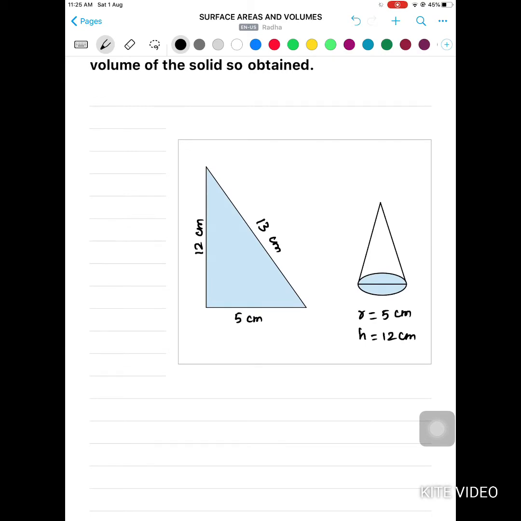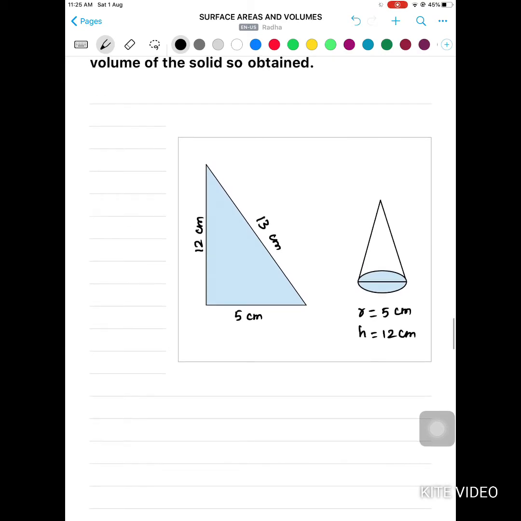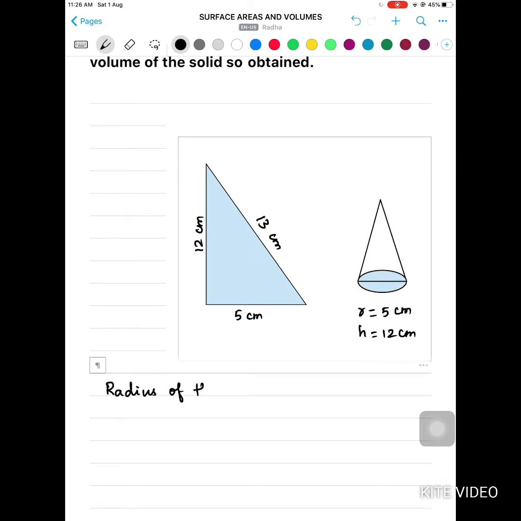The side 5 cm becomes the radius of the cone and the other side 12 cm of the triangle becomes the height of the cone. So, the height of the cone becomes 12 cm.